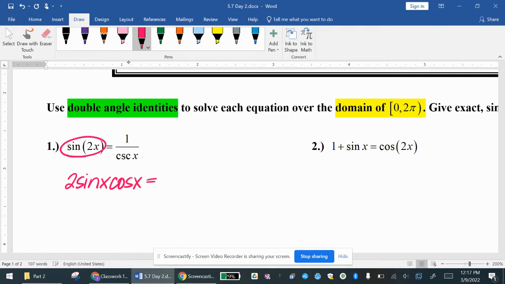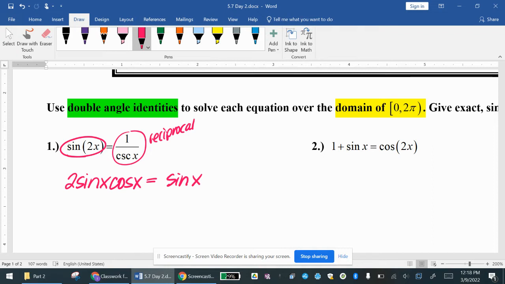That's the only way that we could write sine of a double angle. But this guy over here is related to sine. It's the reciprocal of sine, right? So 1 over cosecant equals sine. So even though we couldn't get all the terms to be written in only one trig function, we got as close as we could.